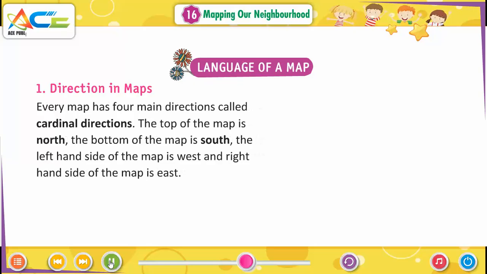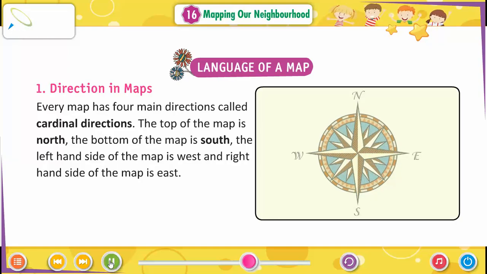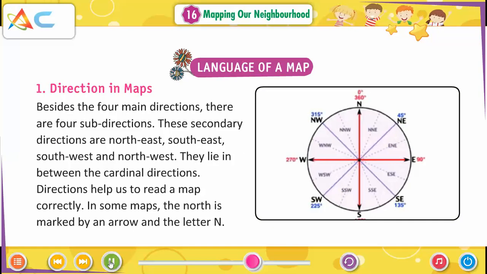Directions in maps. Every map has four main directions called cardinal directions. The top of the map is north, the bottom of the map is south, the left hand side of the map is west, and the right hand side of the map is east. Besides the four main directions, there are four sub-directions.